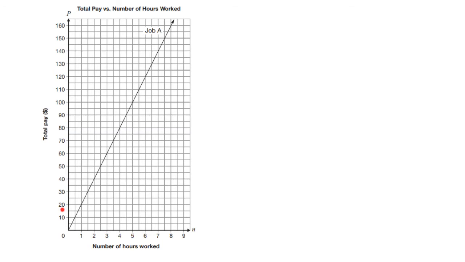However, on the y-axis, they are skip counting by 5: 0, 5, 10, 15, 20, 25, 30, and so on. It's completely possible to create your own graph where your scales are different on the x and y. They don't always have to be counting by the same scale, but it's really important that you take note of what a particular scale is if you are given the graph already. So like they stated, they took information about job A.